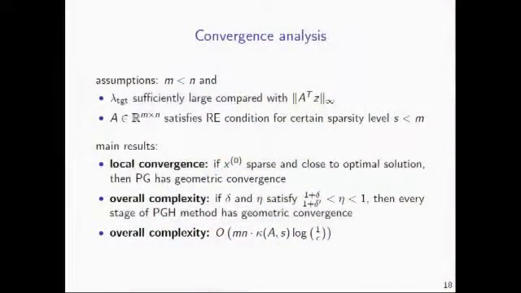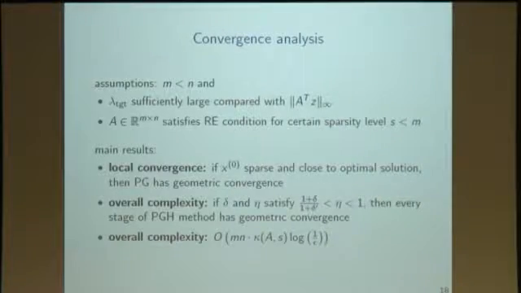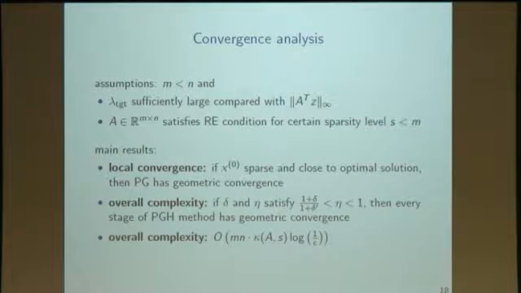So our basic convergence analysis basically assumes, of course, m less than n, and that your target lambda is sufficiently large. That means all your previous lambdas must be sufficiently large. And then local convergence: if you start from a sparse solution that is also close to optimal, then proximal gradient has geometric convergence. The details are in the paper, so I'm not going to spell them out.